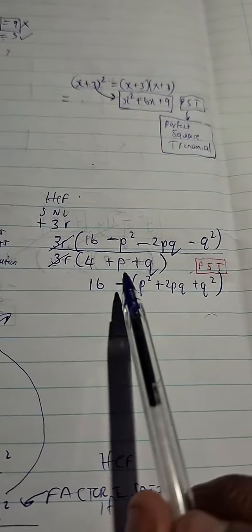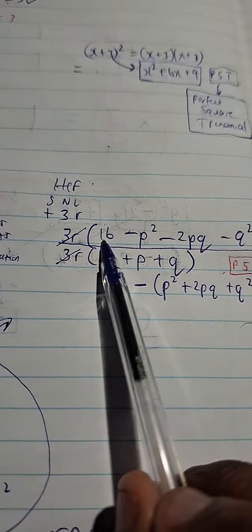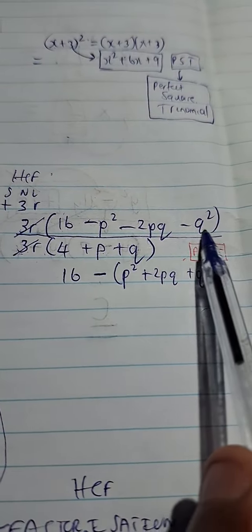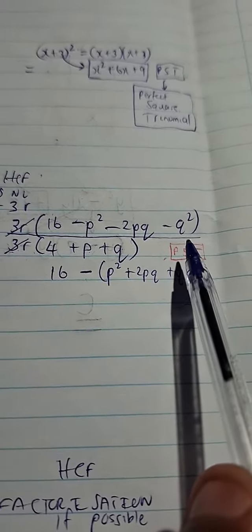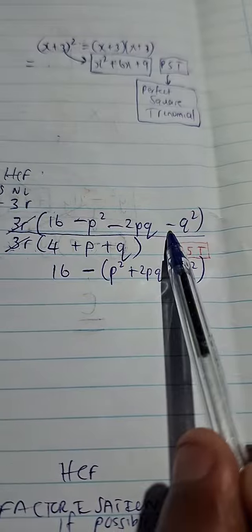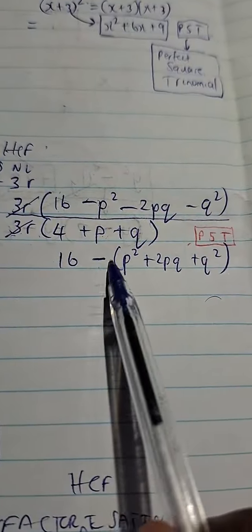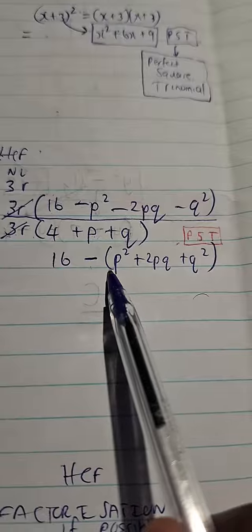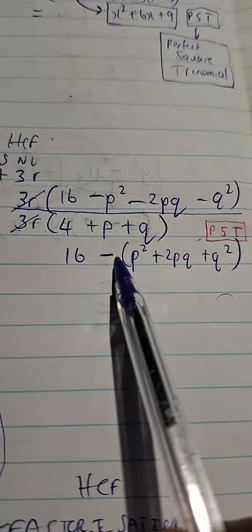So guys, look at this once again. I took 16, it is there. Then for these 3 terms, I can see very quickly that this resembles a perfect square trinomial, but I need to take out the negative sign so that you can see the perfect square trinomial. What happens when you take out the negative sign?